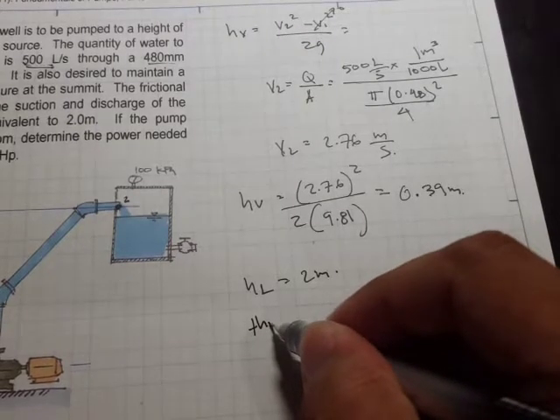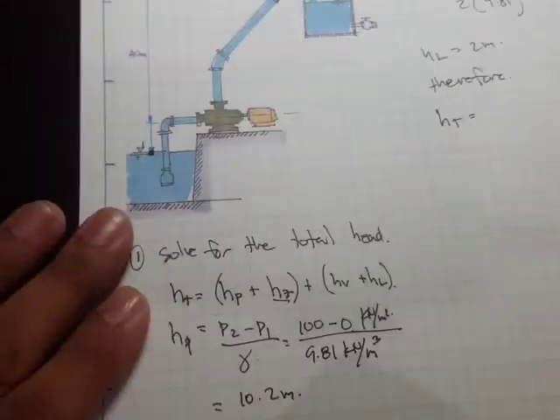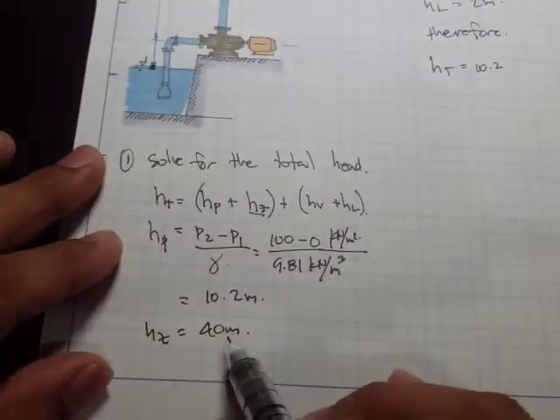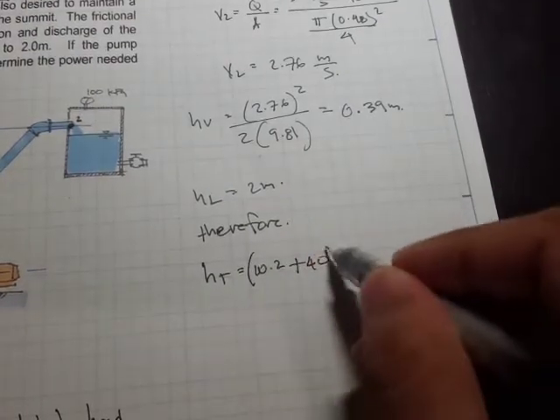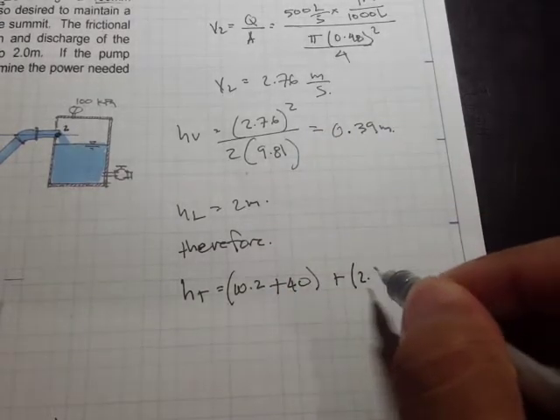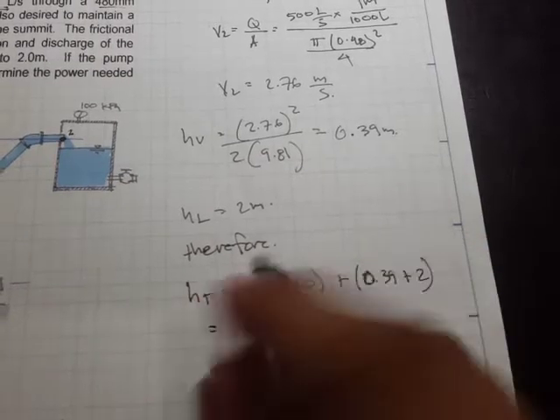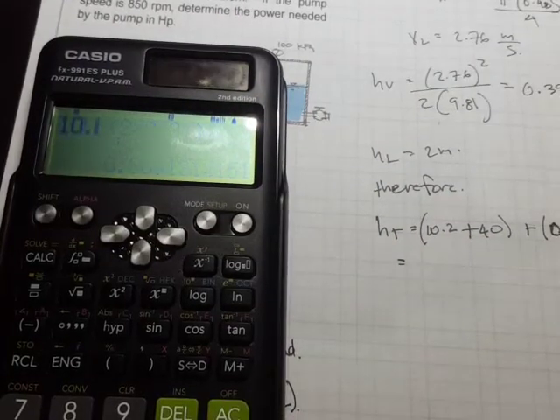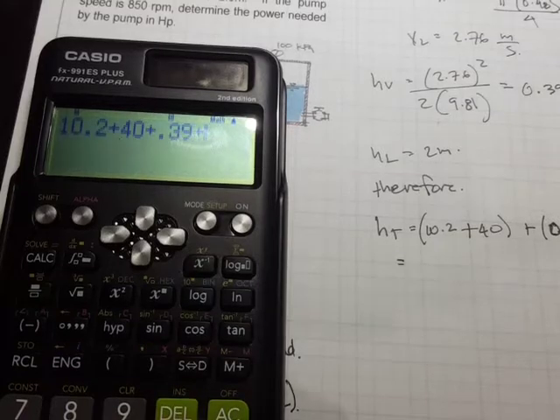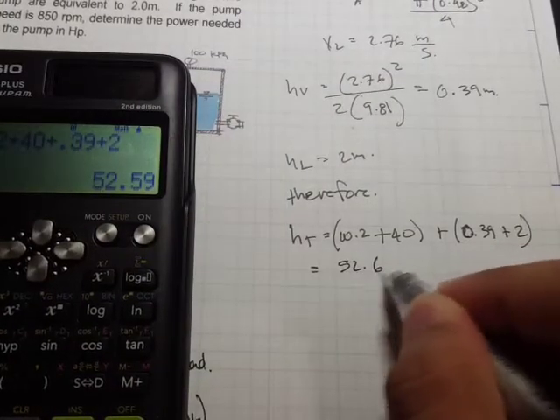Therefore, H total is equal to HP, which is 10.2, plus the elevation head, 40, plus the velocity head of 0.39, plus 2 meters. So we have 52.6 meters.